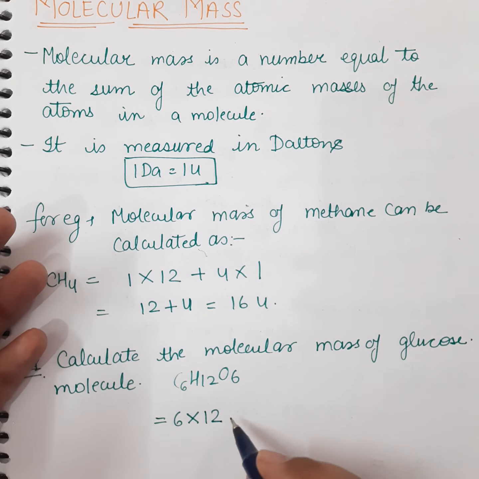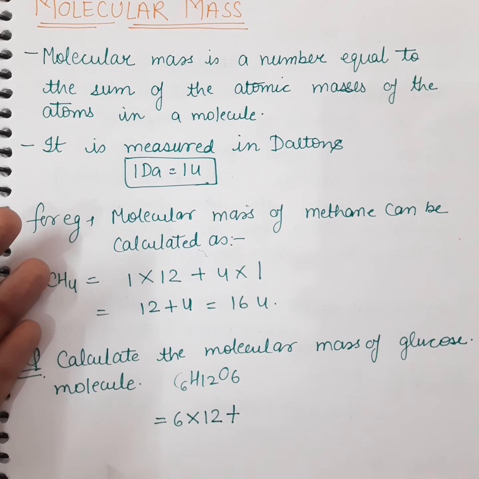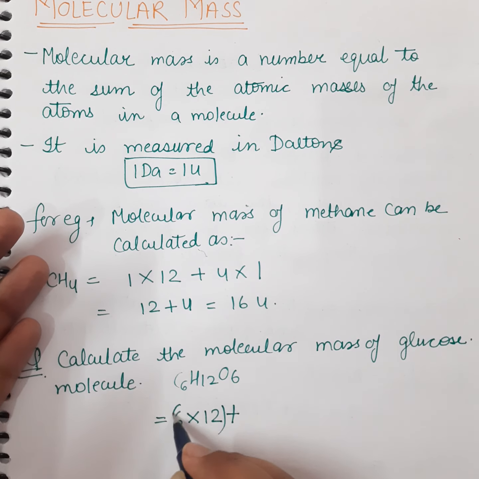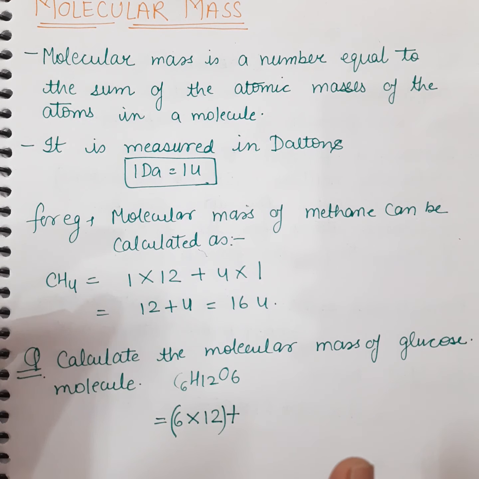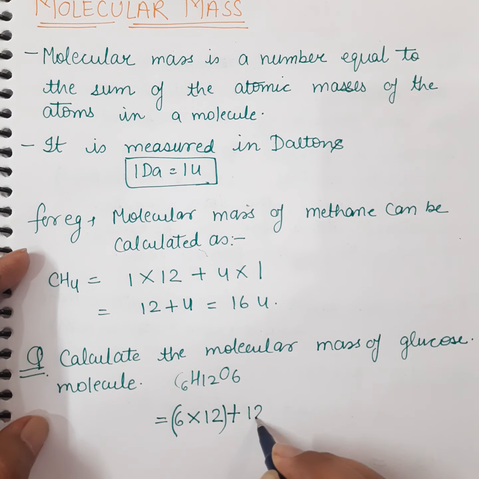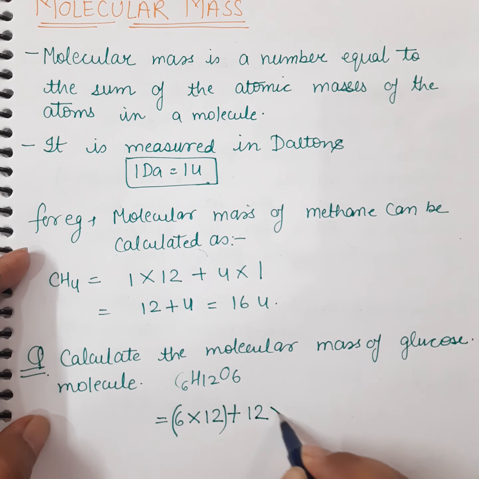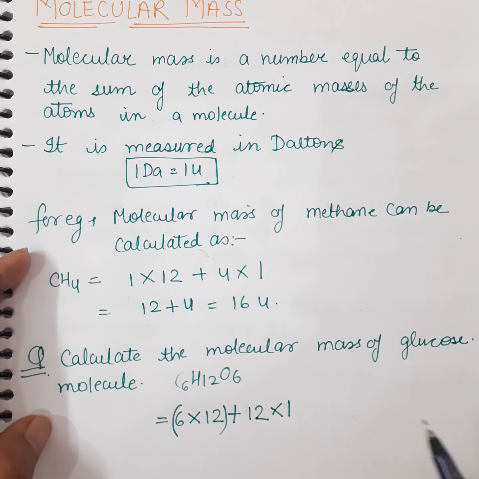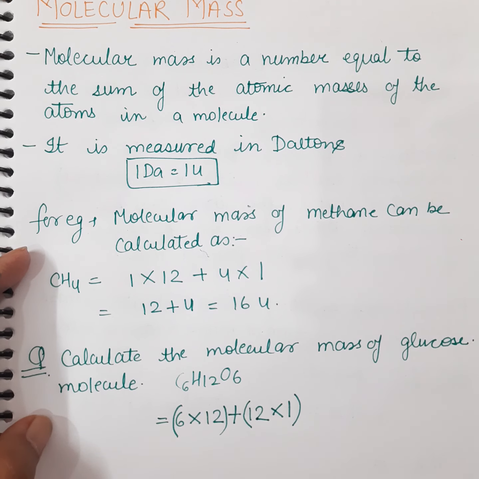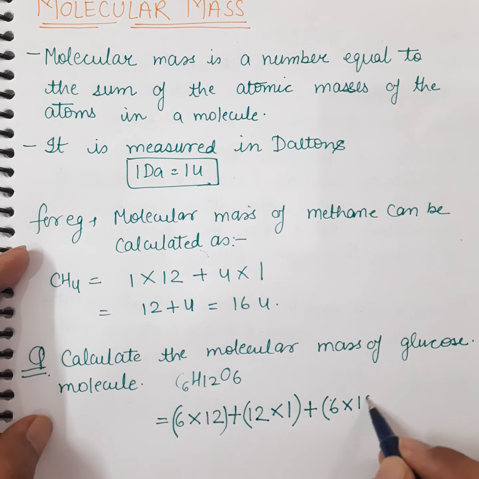Then you have to put a plus over here. Just make a bracket so that it is easy to recognize. Then 12 hydrogen atoms are there, multiplied by 1, because the atomic mass of hydrogen is 1. Place a bracket, then put a plus sign. Then how many oxygen atoms are there? 6, multiplied by 16.